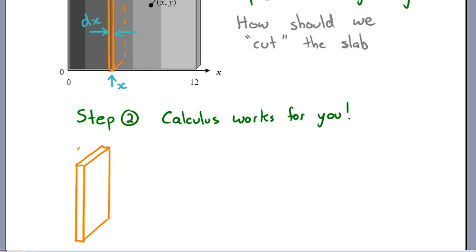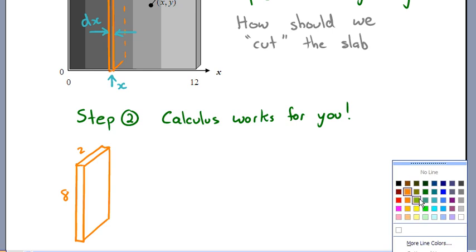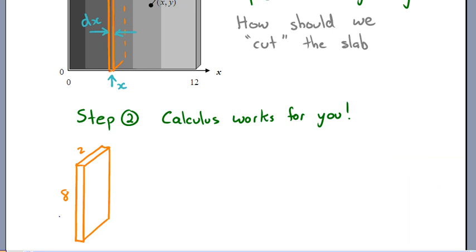It's going to be 2 centimeters that way, 8 centimeters that way, and these are very, very, very thin. I want to cut them so thin that people won't notice that the density is changing. And if they notice that, oh, hey, look, it's a little more dense on the left side, just cut it thinner. So dx is going to talk about how wide that slab is.